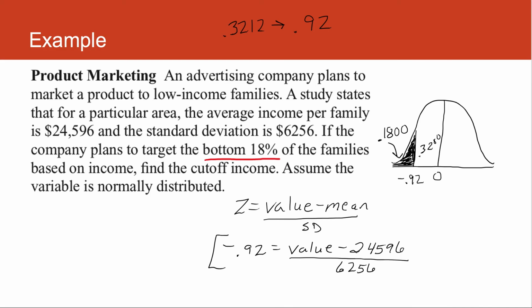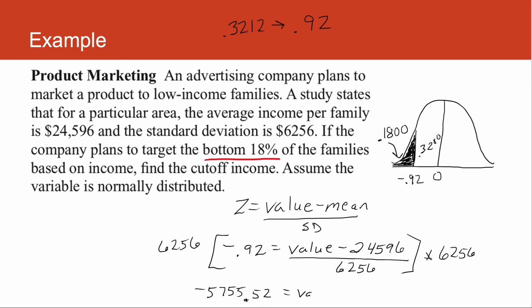So you need to multiply both sides of this expression by the denominator. That will get rid of the fraction and make it a little bit easier to work with. All right, so 6256 times negative 0.92. All right, it's going to give me negative 5755.52.